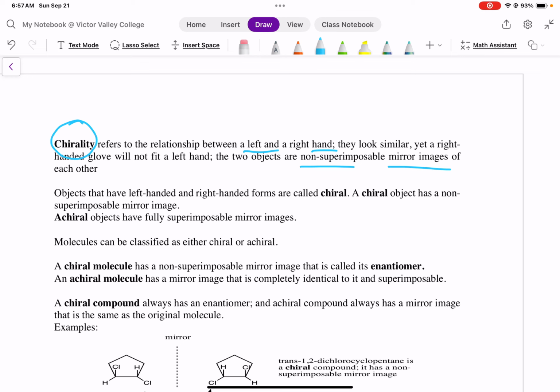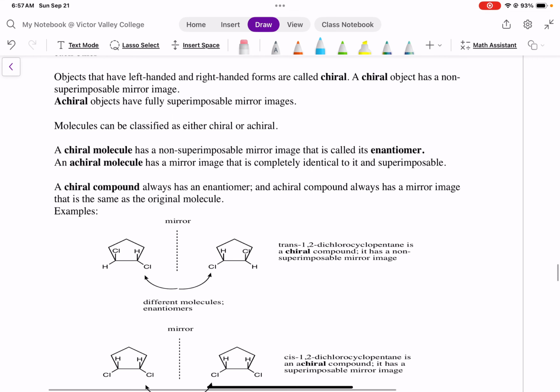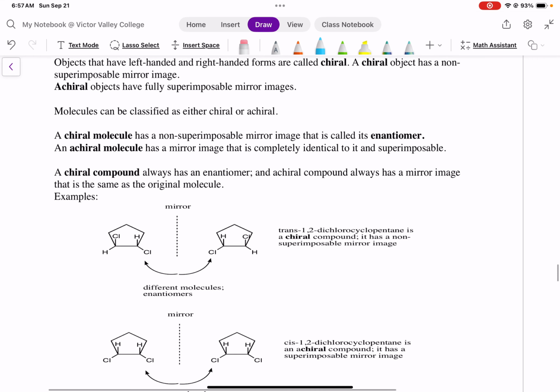Okay, let's take a look at the example right here. You have one molecule on the left and another molecule on the right. Now these two are mirror images of each other. If you put an imaginary mirror in the middle, the picture in the mirror is the molecule.